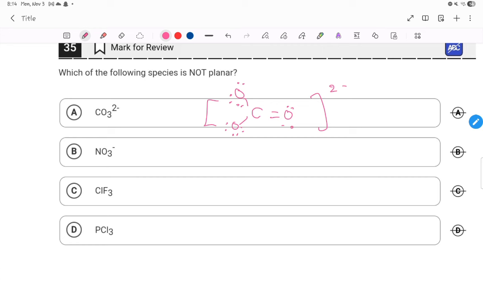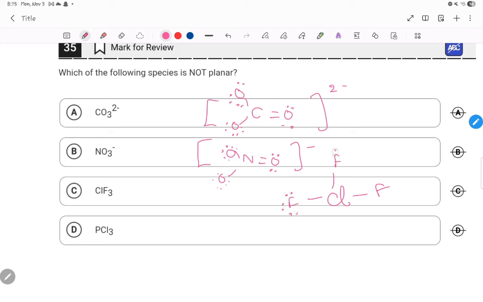N, O, O, O, and this is going to be minus. ClF3 Lewis structure. ClF3, it's like this. Cl, then F, F, F, right? And then 1, 2, 3, 4, 5, 6, 7, 8, 9.